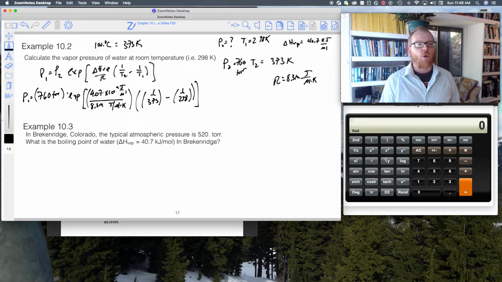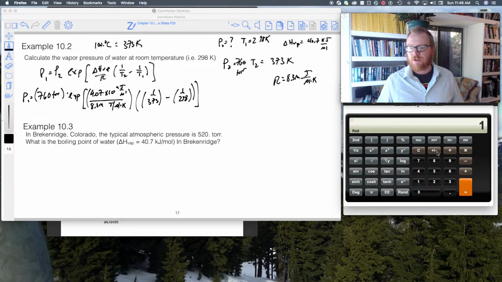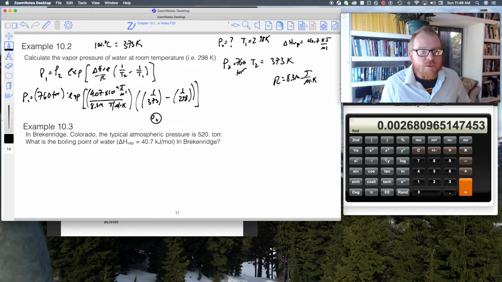All right? So when I take this number divided by this number times this divided by this minus this divided by this, well, you know what? Let's just go ahead and do it. I'll show you just so we get it right. So 1 divided by 373 equals 0.00268, and I'm going to go 1 sig fig past what I need.